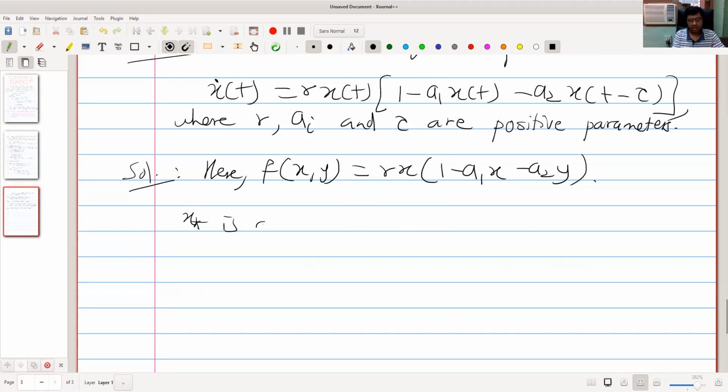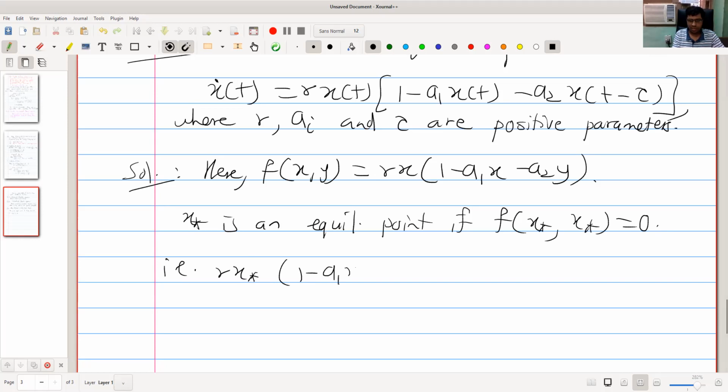So x star is an equilibrium point if f of x star comma x star equals 0, meaning r x star into 1 minus a1 x star minus a2 x star equals 0.